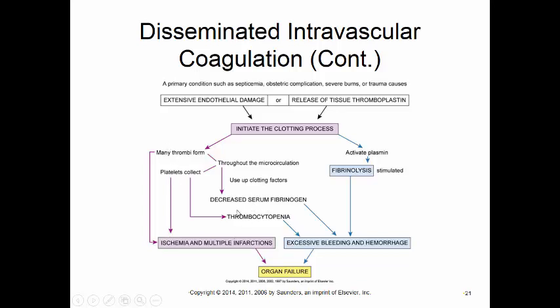But at the same time, since they're using up the clotting factors, we end up with thrombocytopenia and decreased serum fibrinogen. The fibrinogen helps with clotting. So these are low. Along with that, when we break down the clots with the healing process, we end up with the second part of this cycle, which is excessive bleeding and hemorrhage. So all this can lead to organ failure.